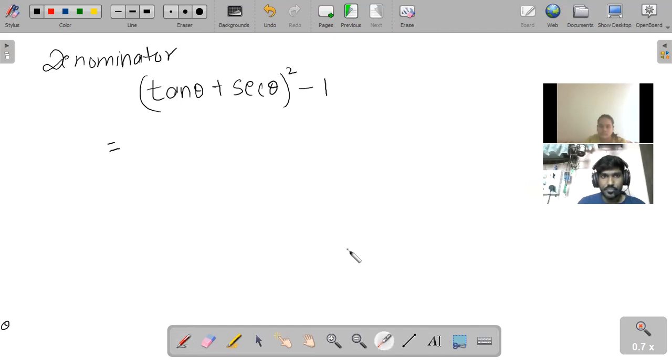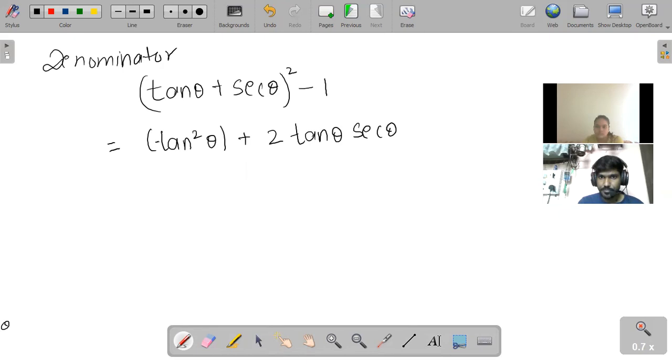This was easy now. Here, if you see tan theta plus sec theta whole bracket square, use a plus b whole bracket square and expand this. This will become a square, that will be tan square theta, plus 2a, that is tan theta, into b, that is sec theta, plus b square, that is sec square theta.